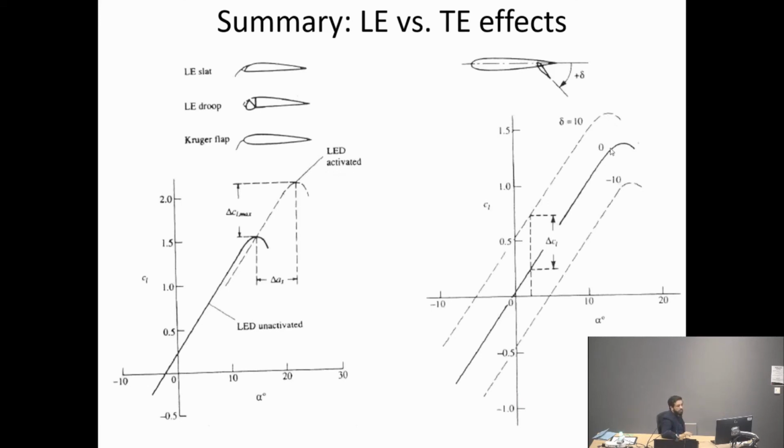The mechanism here is energizing the boundary layer and making sure it remains attached over a large range of angle of attack. So you're increasing the stall angle here. You're not doing that with the flaps; you're just increasing the effective camber mainly.